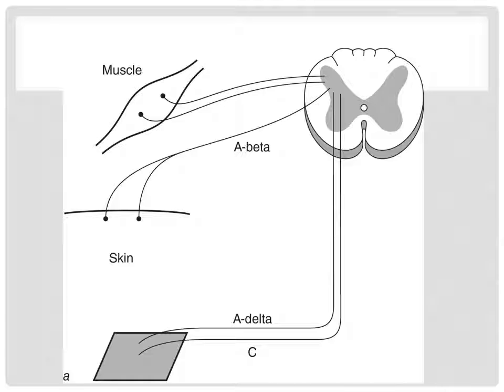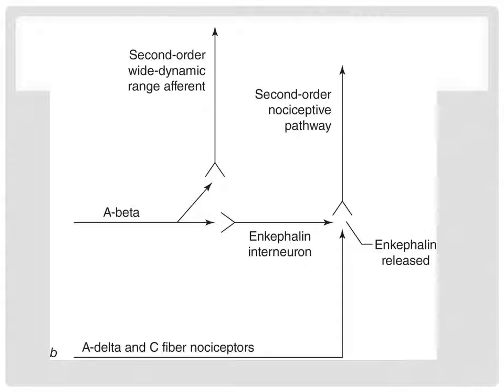Now, where the advancement has, and you'll see it here, is that we've determined that instead of just the substantia gelatinosa more or less interfering with the pain signal and closing the gate, it actually acts to release a presynaptic chemical called enkephalin.